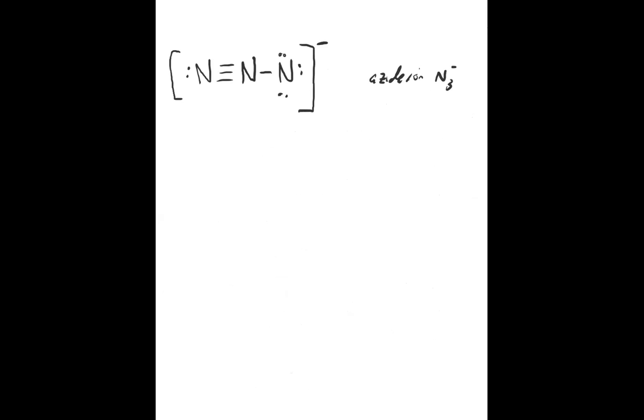And what they want you to do is calculate the formal charge for each atom. So we have the left nitrogen, the central nitrogen, and the right nitrogen. Relatively simple. So here's how we go about it.